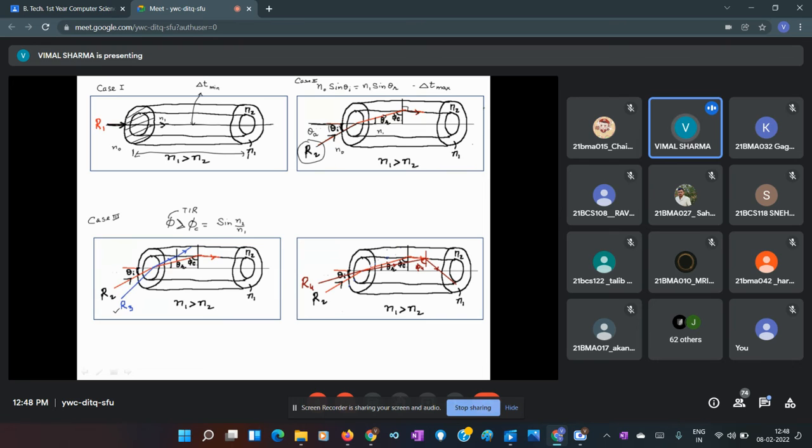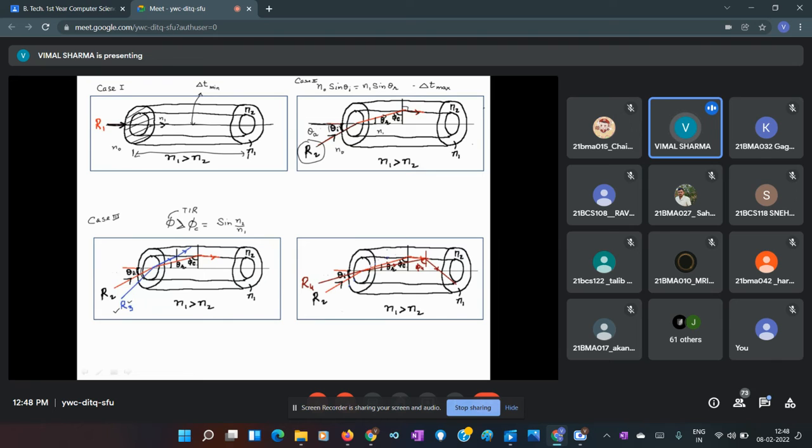When the angle at the core cladding interface is the critical angle, then the angle of the ray which we are launching in the optical fiber is the acceptance angle theta A. So this is my ray R2, which is incident at angle theta A, that means the acceptance angle, and this is ray R3, which is incident at an angle greater than the acceptance angle.